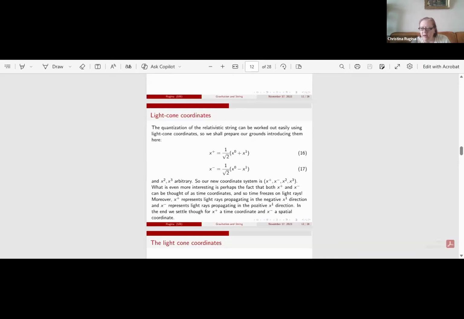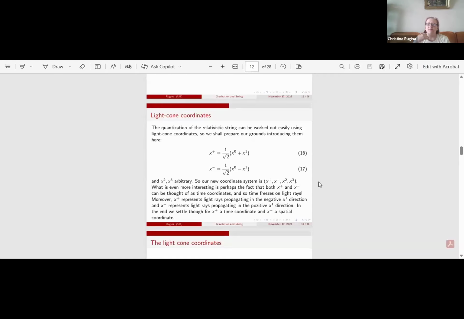Light cone coordinates are defined like this: x plus and x minus, and x2 and x3 remain the same. So the light cone coordinates for 4 dimensions are x plus, x minus, x2, x3. Of course, if we work in 26 dimensions, you have to imagine there's x4 dot dot dot until x25, actually x24 plus the two here, because there are two here and 24 more.